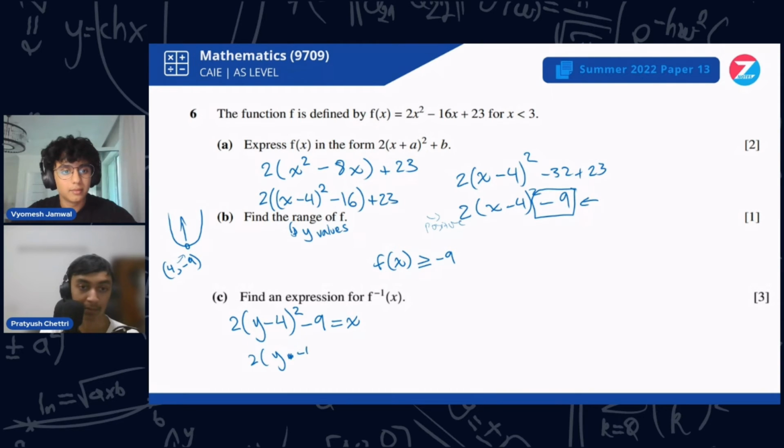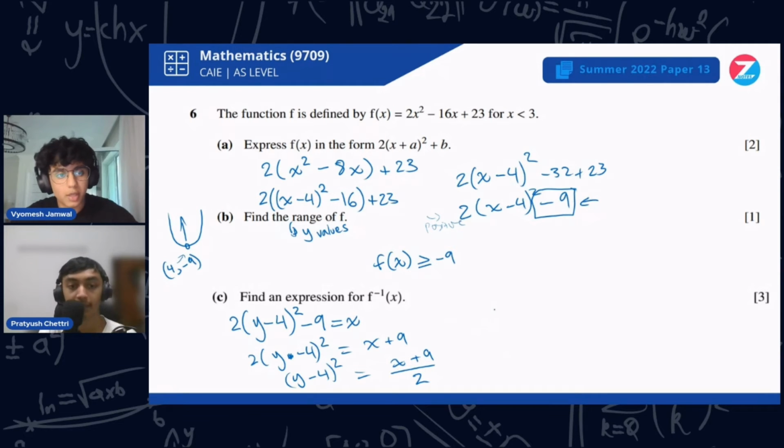Then divide by 2 on both sides. Then I would root on both sides to remove the square from the left hand side.